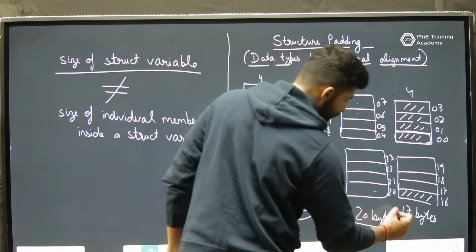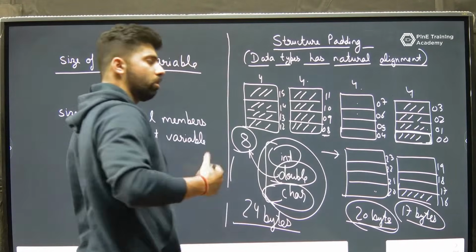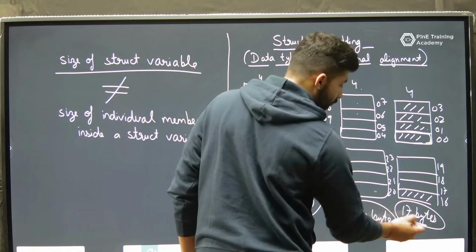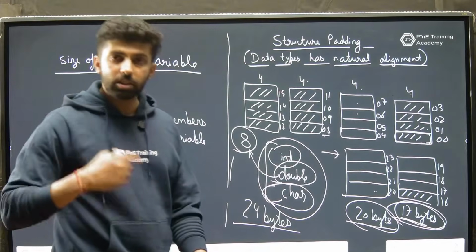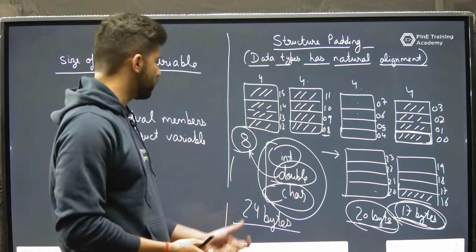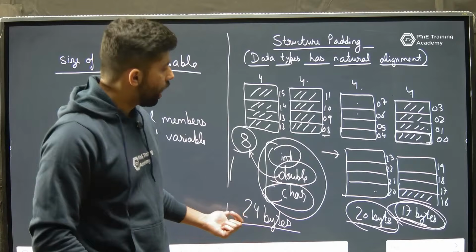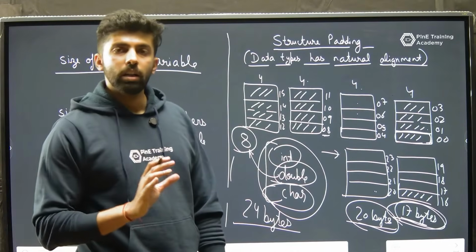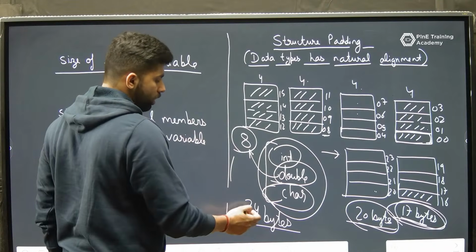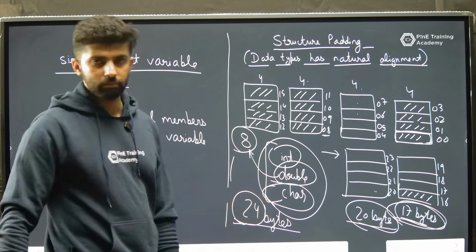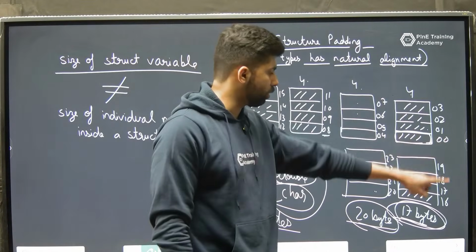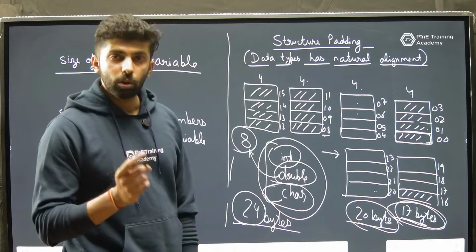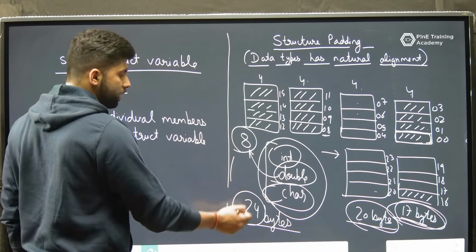And if you see 17 bytes, 20 bytes, these are not the multiple of 8. And after occupying 17 bytes, the next multiple of 8 is 24. We have started from 0, so 0 to 16 means 17 bytes. So after 17, the multiple of 8 is 24.